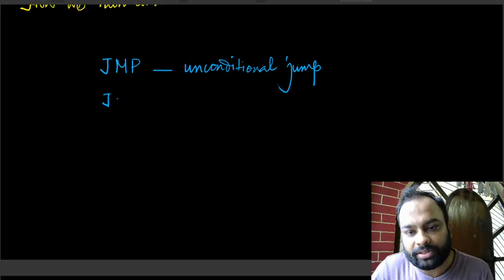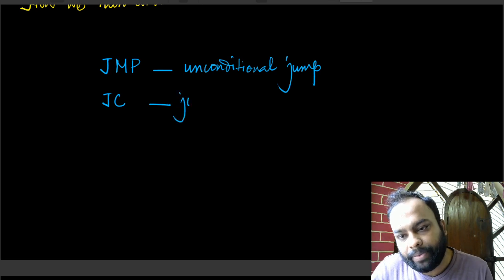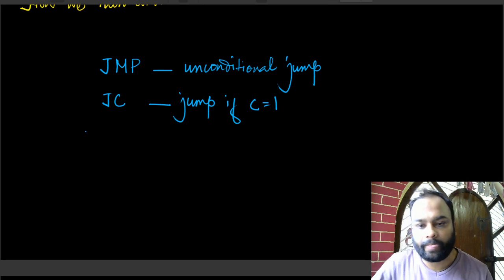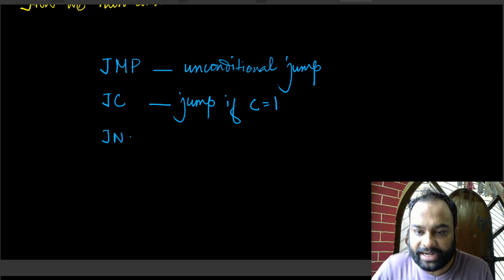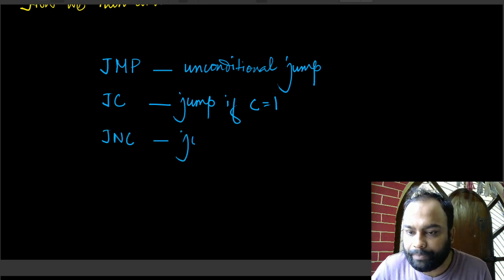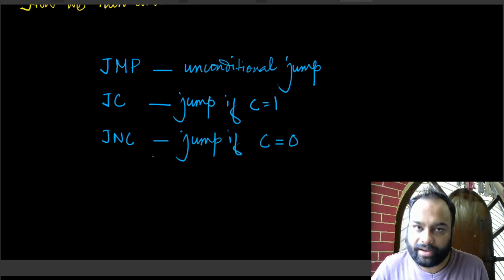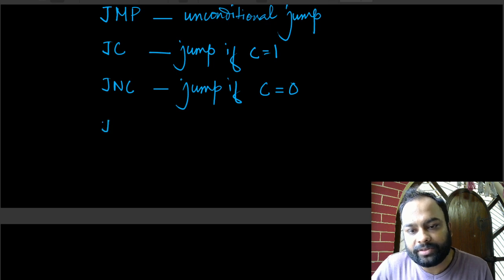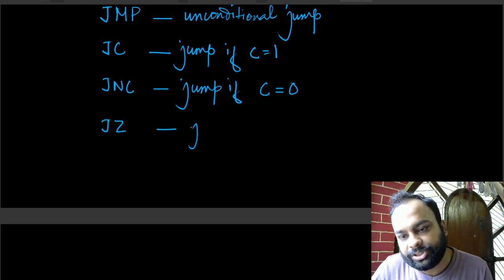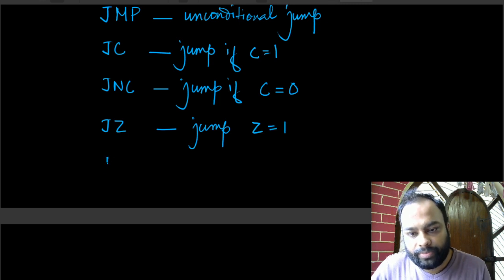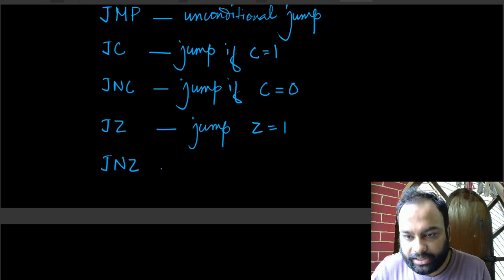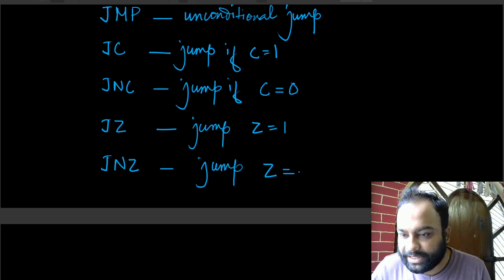Then we have JC, jump if the carry flag has been set. Then we have JNC, jump if the carry flag has not been set. Then we have JZ, jump if the zero flag has been set. Then we have JNZ, jump if the zero flag has not been set.